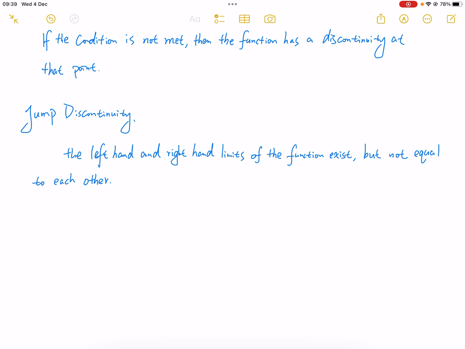The function jumps from one value to another, which creates a gap in the graph.